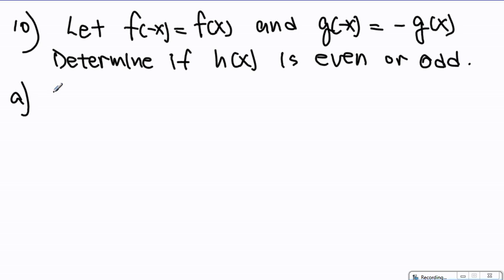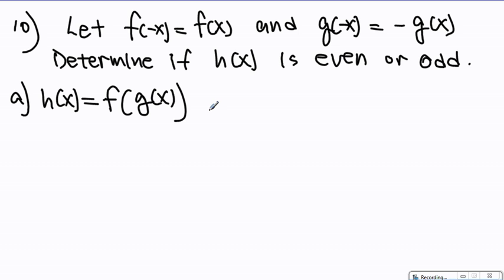Now let's look at the first one, h of x. What if I were to say h of x is in fact equal to f of g of x? Let me compose these two things together in this way. In order for you to tell me, hey, is this an even function or odd function, what are we going to do? Because we have no idea what f looks like or what g looks like. I guess we can try to use an example, but why don't you think about that a little bit? Okay?